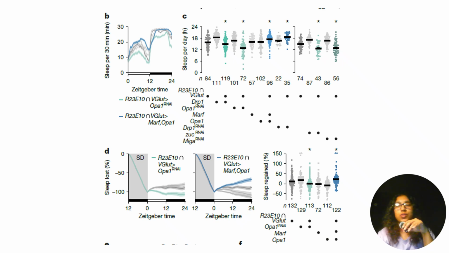Okay, so what is the role of OPA1, optic atrophy 1, in mitochondrial fusion, and what is the impact on sleep pressure? Let's look at OPA1 first. It is a key regulator of mitochondrial inner membrane fusion, and it promotes the elongation and the interconnection of mitochondria. So what would be the impact on sleep pressure?